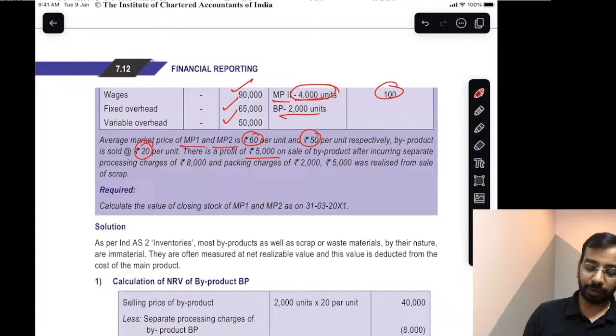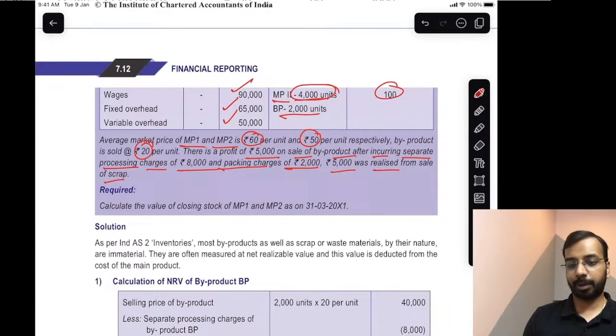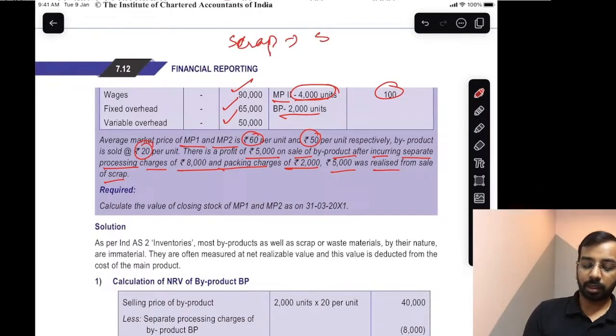There is a profit of 5,000 on sale of byproduct after incurring separate processing charges of 8,000 and packing charges of 2,000. 5,000 was realized from the sale of scrap. So from sale of scrap, you have got 5,000. Then second thing is, you sold the byproduct at 20 per unit.